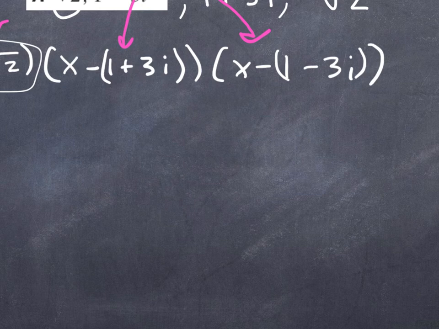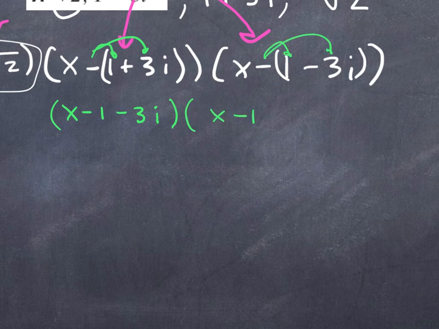What should we do first? Distribute the negative. So we have x minus 1 minus 3i and x minus 1 plus 3i. What do we do next? They're conjugates, so to multiply these two out, we just square the first and square the second.